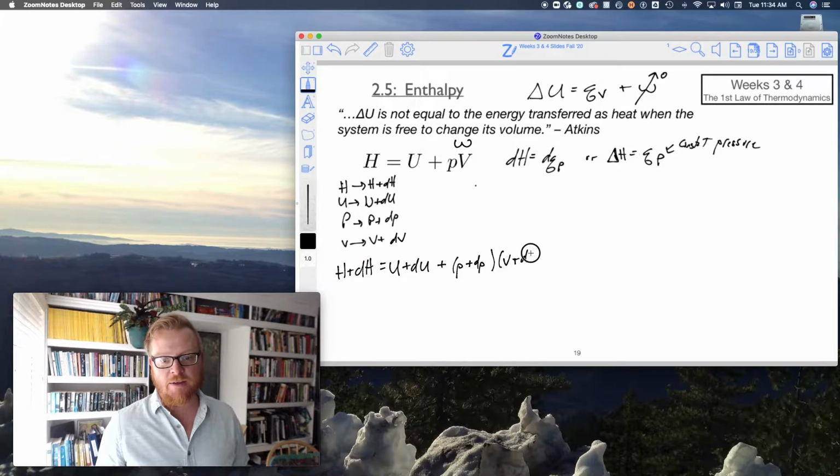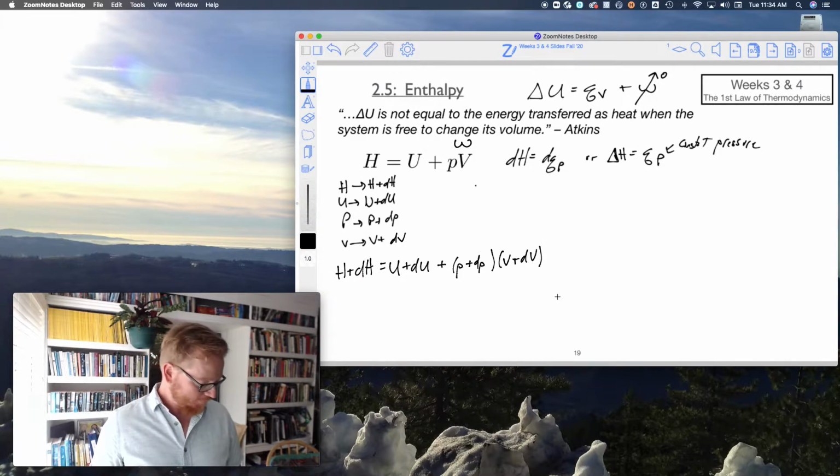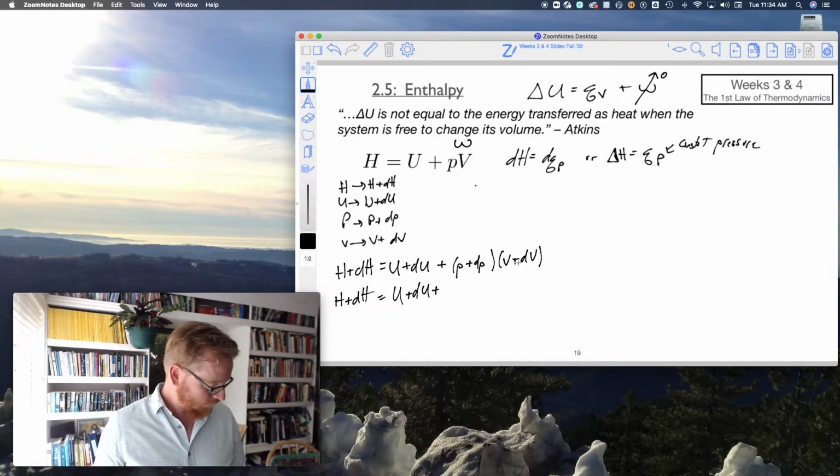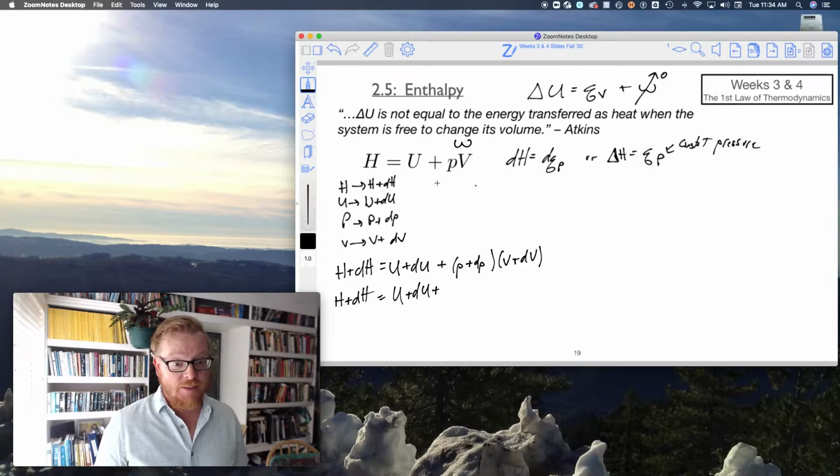times (V plus dV), okay? And so now, when I go ahead and expand on that, I've got H plus dH, U plus dU, and now I have to FOIL this thing, okay? And by the way, I expect that this was probably not an obvious step to make.